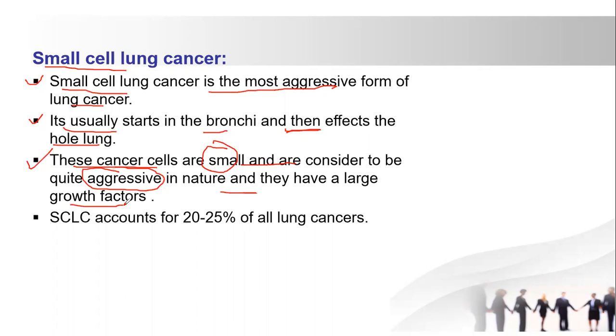Different types of growth factors are involved here, as you must be familiar with, like tumor necrosis factor alpha and other growth factors like the colony stimulating factors, etc. So from this slide we can conclude that in small cell lung cancer the cell size is small, it is aggressive in nature, and it contributes 20 to 25% of all lung cancers.